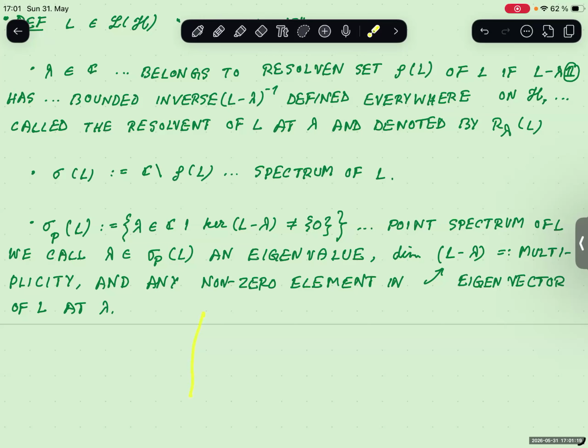There are something more, and I shall give you at least one or two examples, so that you will see the difference between linear algebra and functional analysis in the sense of a spectrum. And once that's over, we will go to the heart of this course, this spectral theory.